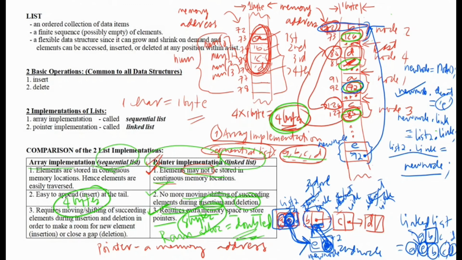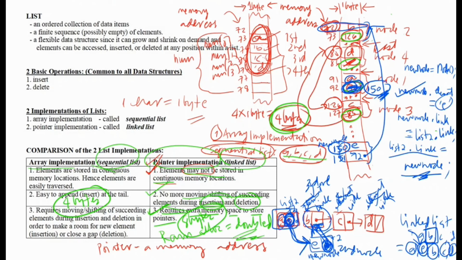And you make list2.link, which is this one, get the address of the new node, which is, say for example, this is 150, memory address 150, and this is 151. So the value here becomes 150, because that is the memory address of the new node.